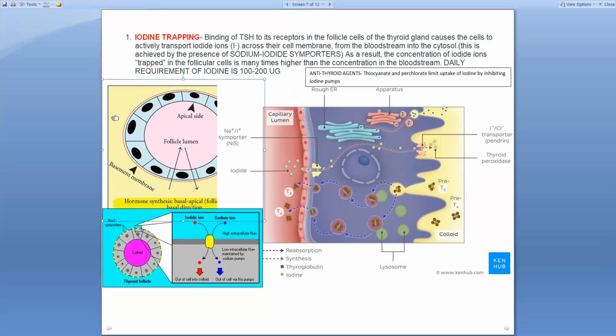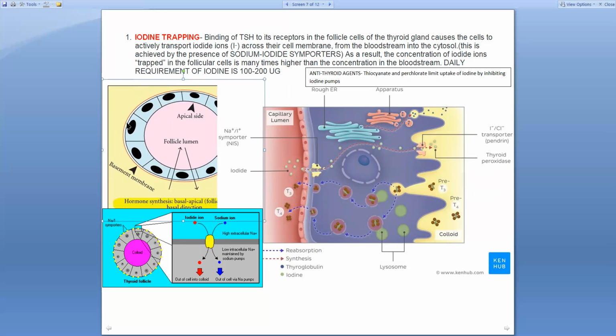So, see, this is a structure of a follicle, and this is the basement membrane, this is the cell, and the blood vessels are present outside the basement membrane. So, the TSH comes from blood and attaches to the TSH receptor on the follicular cell.